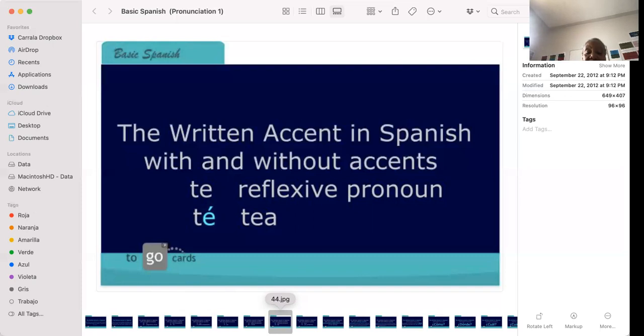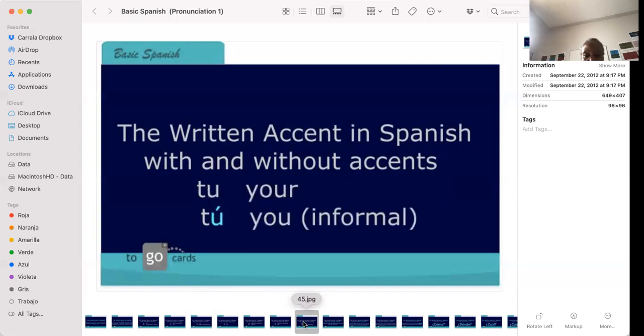Té, with the accent, is tea. But they're pronounced exactly the same. If you're writing this, you wouldn't know the difference. Tu means your, tu casa, tu coche, tu silla, tu piso, your floor. Tu abrigo, no, you don't use it with clothing. Okay.